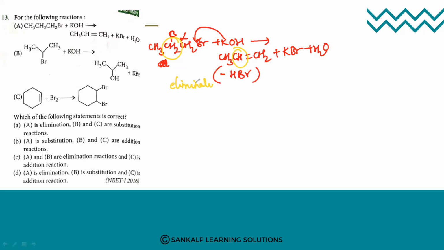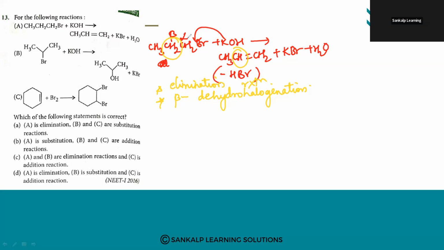So the first reaction is an elimination reaction, or it is called beta dehydrohalogenation, because minus HBr, so it undergoes an elimination and dehydrohalogenation reaction. So this is our first reaction.